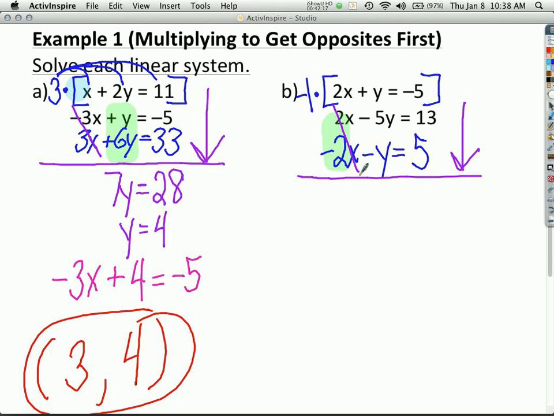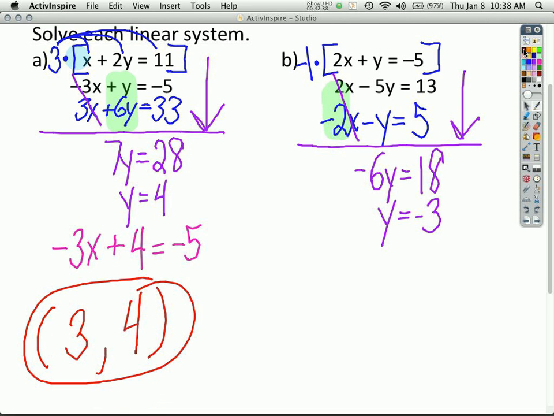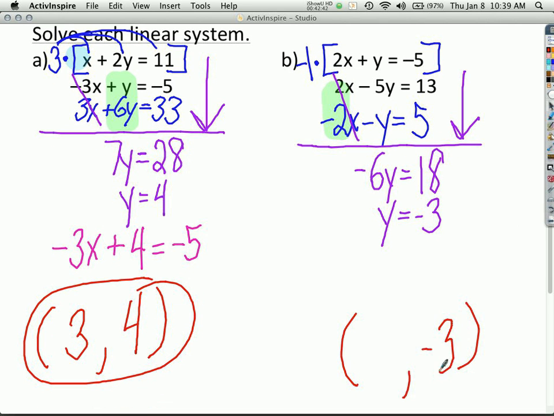Yeah, that's -6y. And I don't need a volunteer for 13 plus 5, that's 18. And this is mental math. What does y equal? Go ahead, Ethan, you're on a roll also. -3. So we've got half our solution. Y is -3.